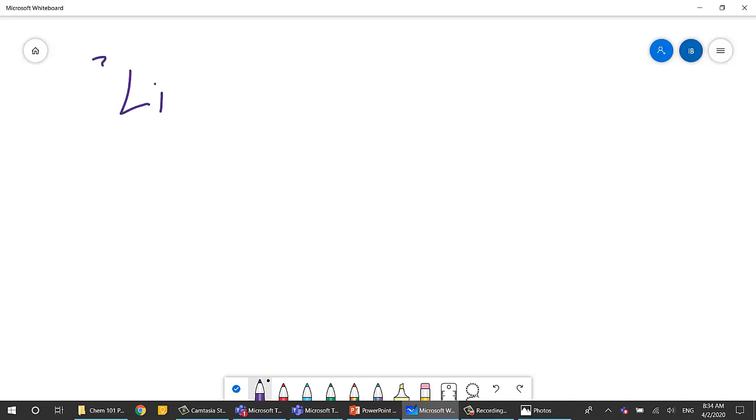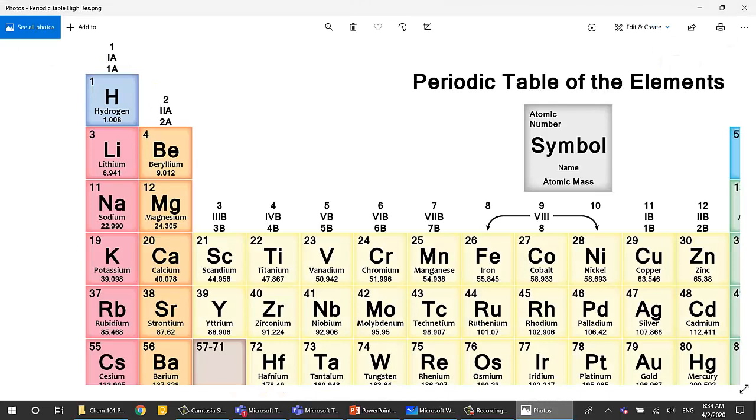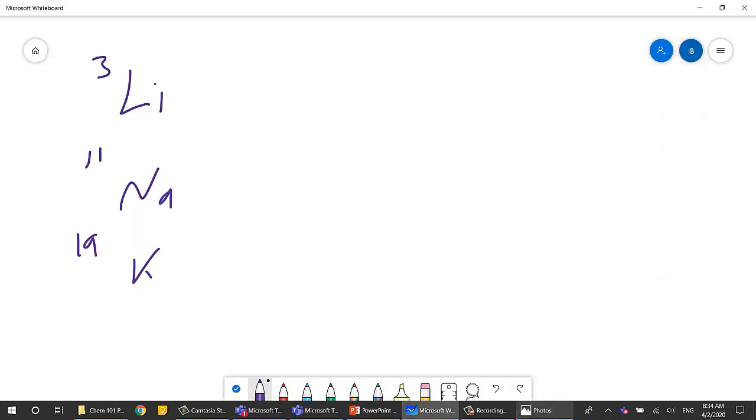Lithium is 3, sodium is 11, potassium is 19. So the electronic configuration for lithium is 1s2, 2s1, 3 electrons.